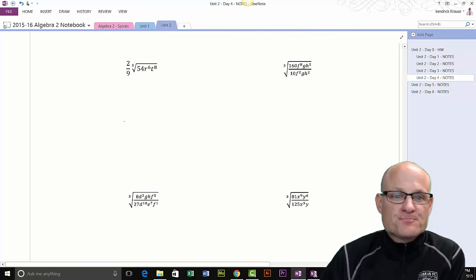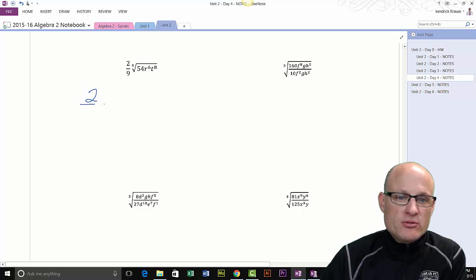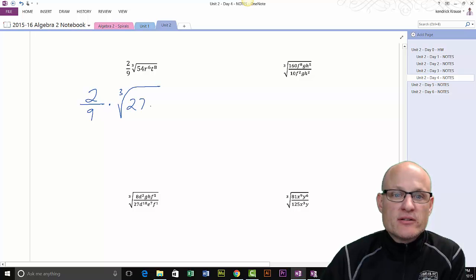We're almost done. 27. So the perfect cube that goes into 54 is 27. 2 9ths times the cube root of 27. And we're looking for groups of 3 again. R to the 6 is okay, but t isn't. T to the 6, t squared. That gives me my t to the 8th.